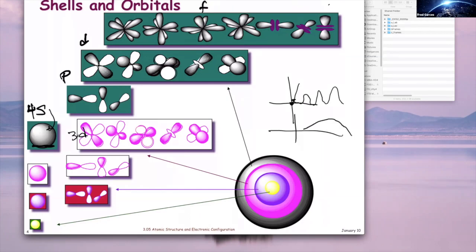The d orbitals here don't have any probability of being found at the nucleus, and so it's not stabilized by that. That's why your 4s orbital is lower in energy than your 3d, even though the 3d is in the third shell and your 4s is in your fourth shell. Again, it's a complicated picture.